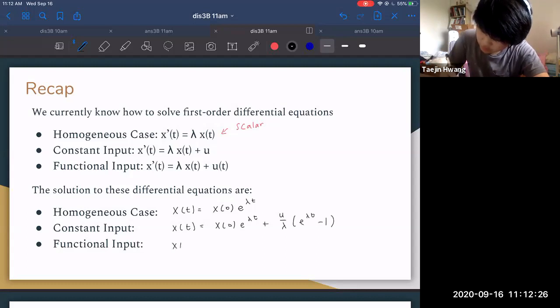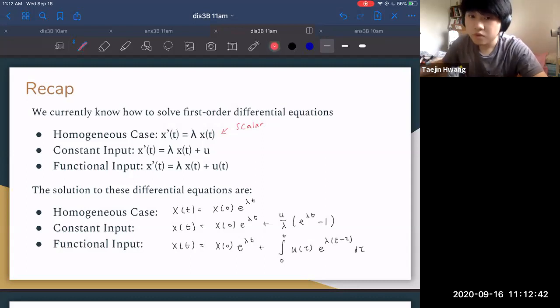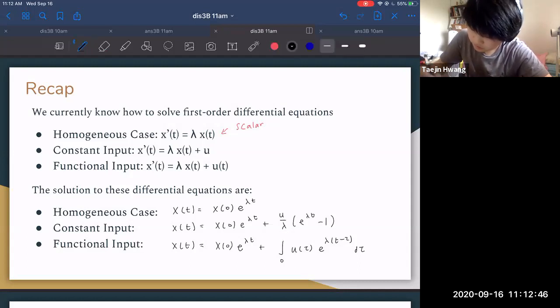And if we have a functional input, the solution, and this one is like the nasty one where we have this integral. And here, tau is a dummy variable.